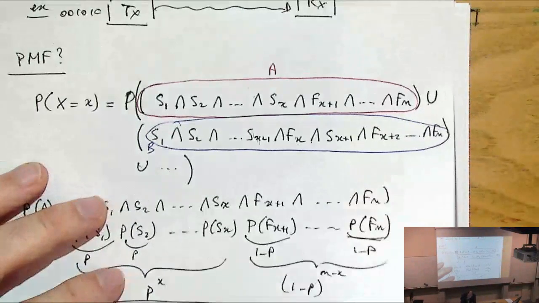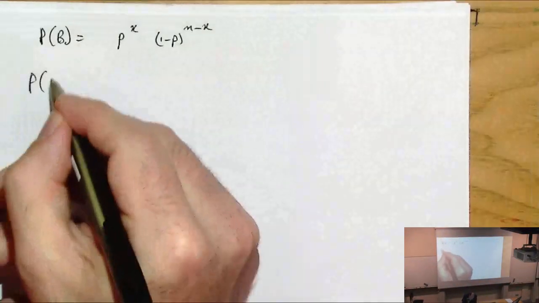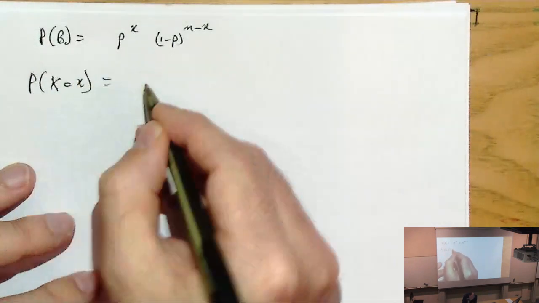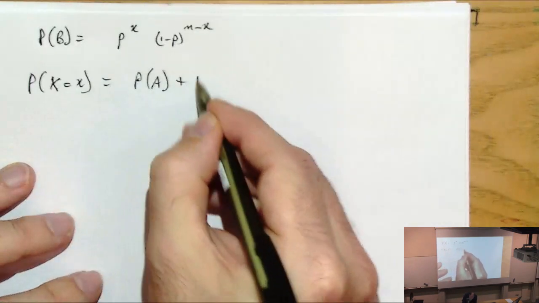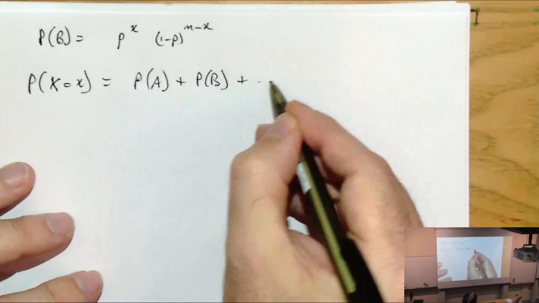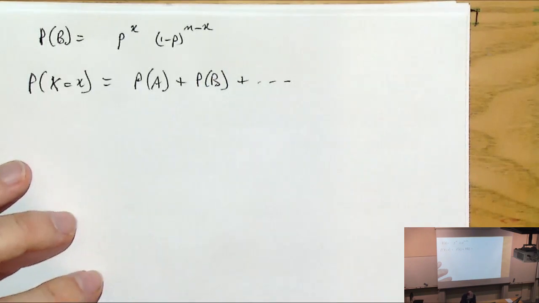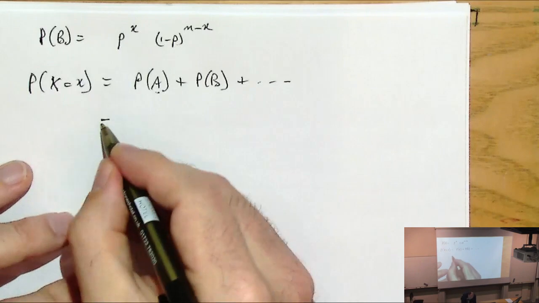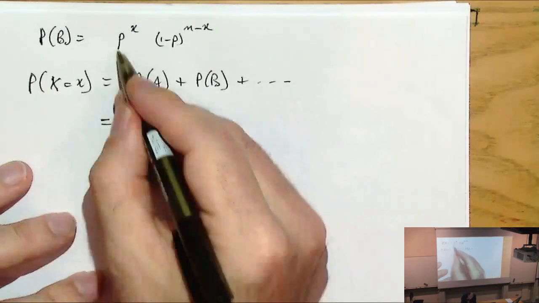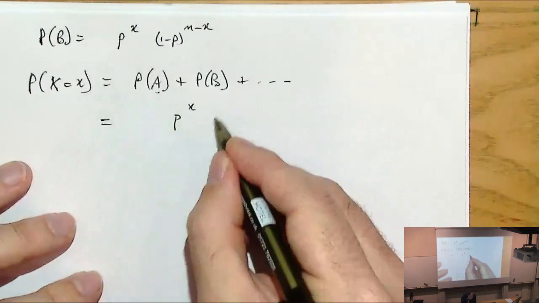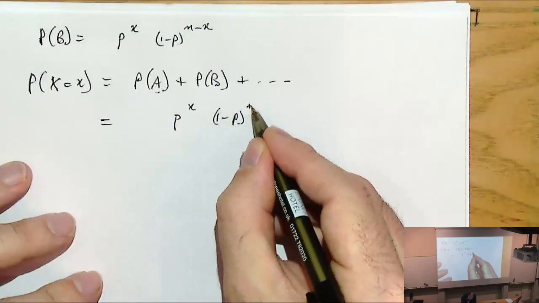So that's going to be P of X equal to x will be P of A plus P of B plus and so on. Each of those, they're all the same. So what we get is still this quantity, P to the x, 1 minus P to the n minus x.